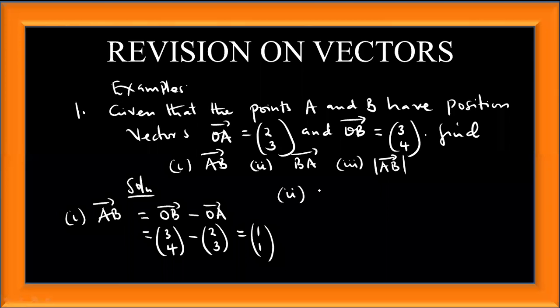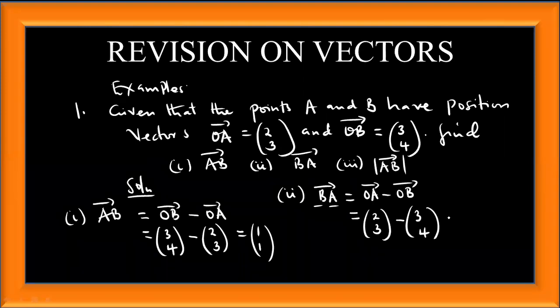Roman 2, they ask us to get vector BA, which is given by OA minus OB. I told you the order is the position vector of the last letter minus the position vector of the first. Now OA is (2, 3) and we are subtracting OB, which is (3, 4). When you do the subtraction, you get (-1, -1).